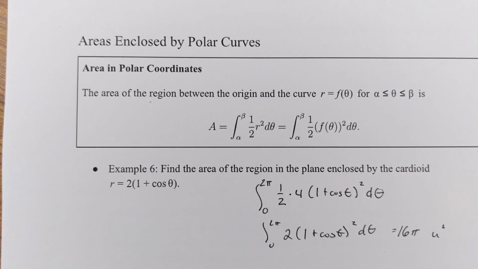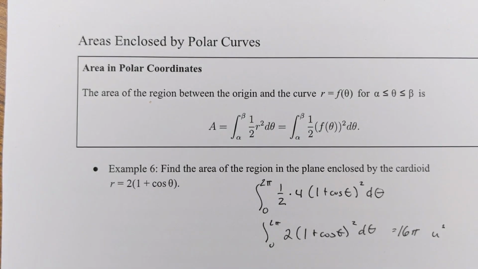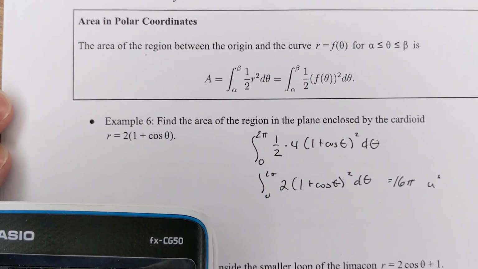I think I typed something wrong. Did I lose the squared? No, I don't think so. Let me try something else real fast here. That number doesn't seem quite right.